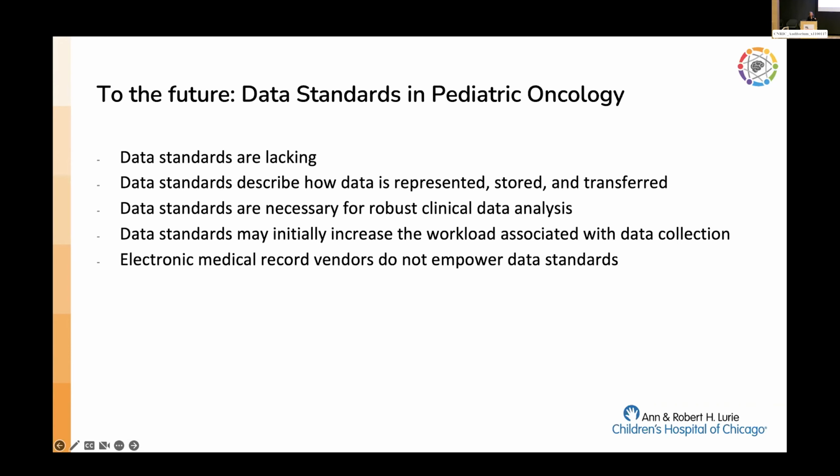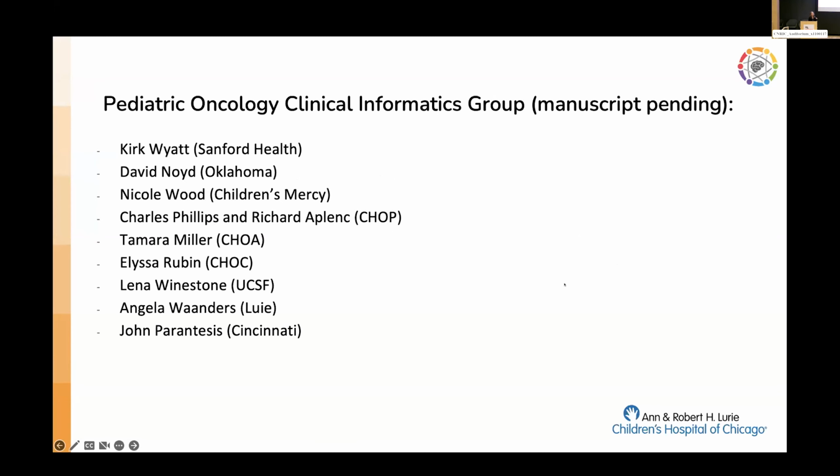So this is just a shout out to the pediatric oncologists who are working together right now. We're a small working group that kind of came out of some of these discussions. What you'll note too on here is I'm the only neuro-oncologist in this group. So this is one too of making sure that as we're developing pediatric oncology standards, neuro-onc has a seat at the table.